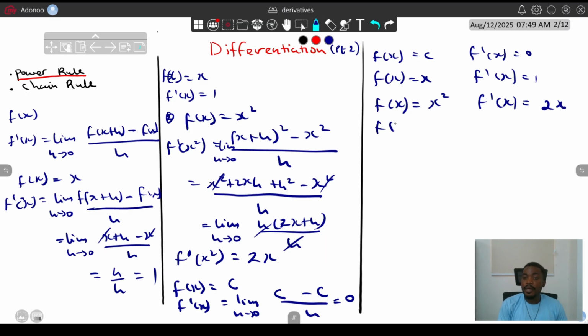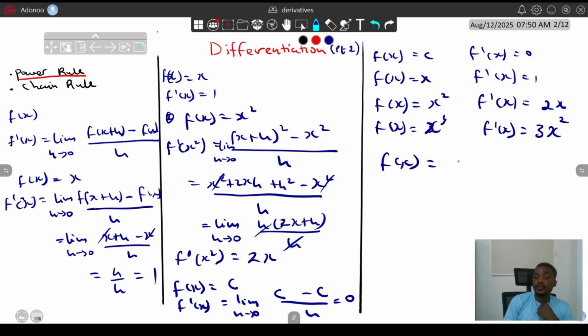Then f of x equal to x cubed, f prime of x will be equal to 3x squared. So we can see that if f of x is equal to x raised to the power n, then f prime of x will be equal to n x raised to the power n minus 1.